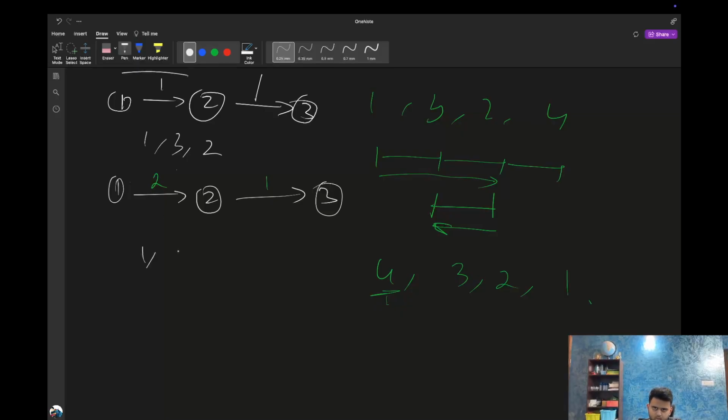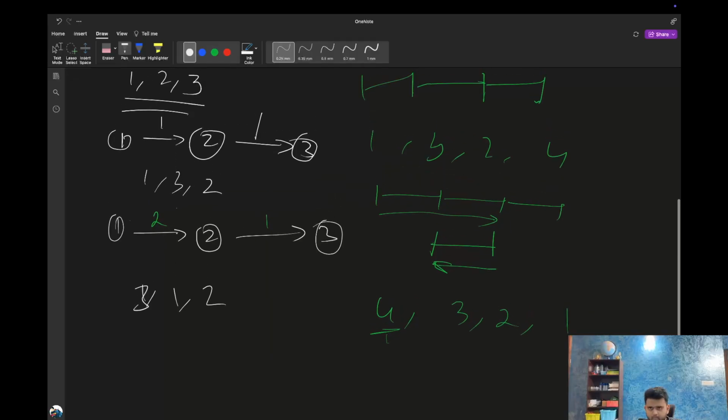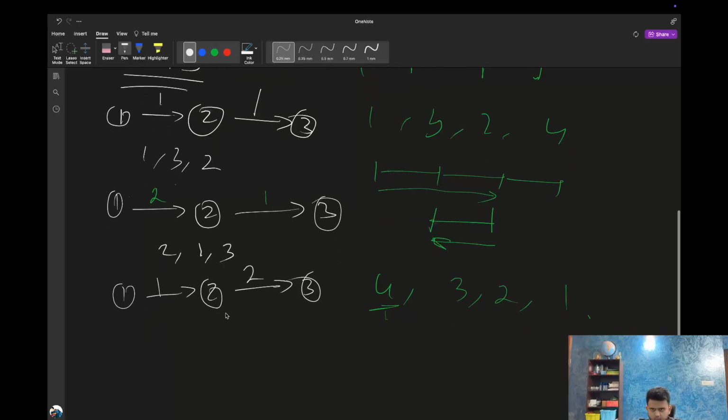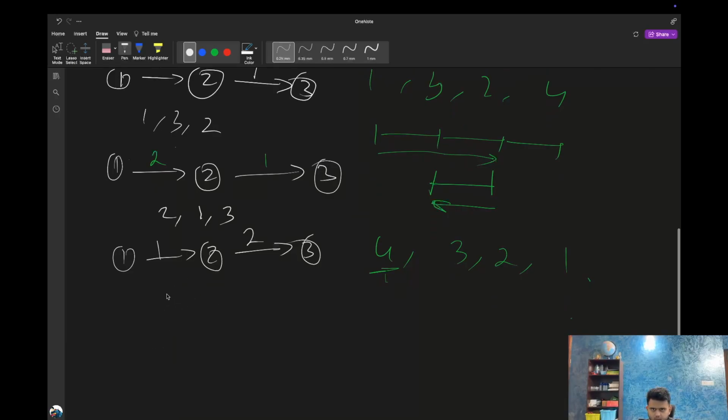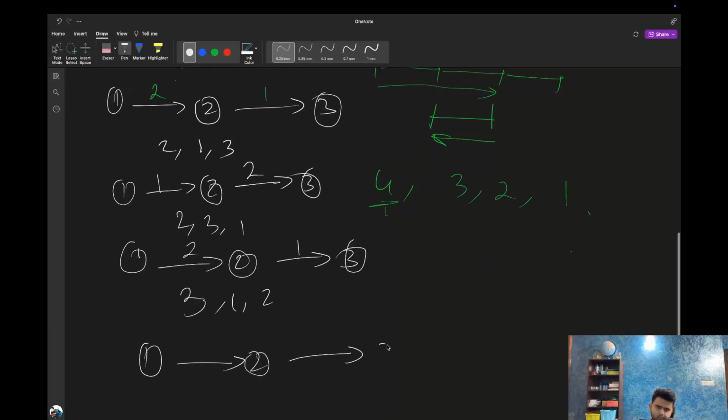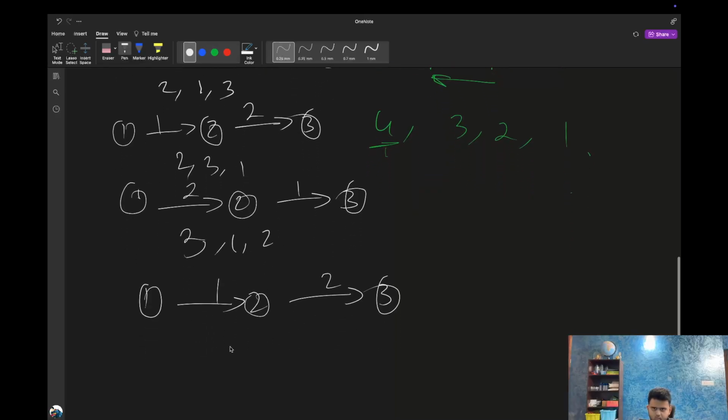Going in lexicographical order, you have 1, 2, 3; 1, 3, 2; 2, 1, 3; 2, 3, 1; 3, 1, 2; and 3, 2, 1.